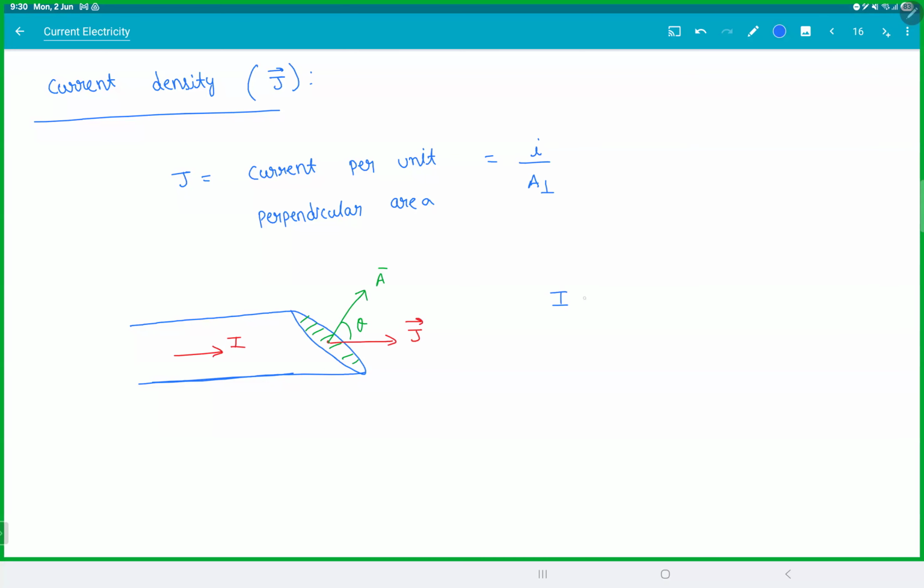So current I is given by J bar dot A bar, which is JA cos theta. This is the relation between current density and current. Direction of J bar is along the current.